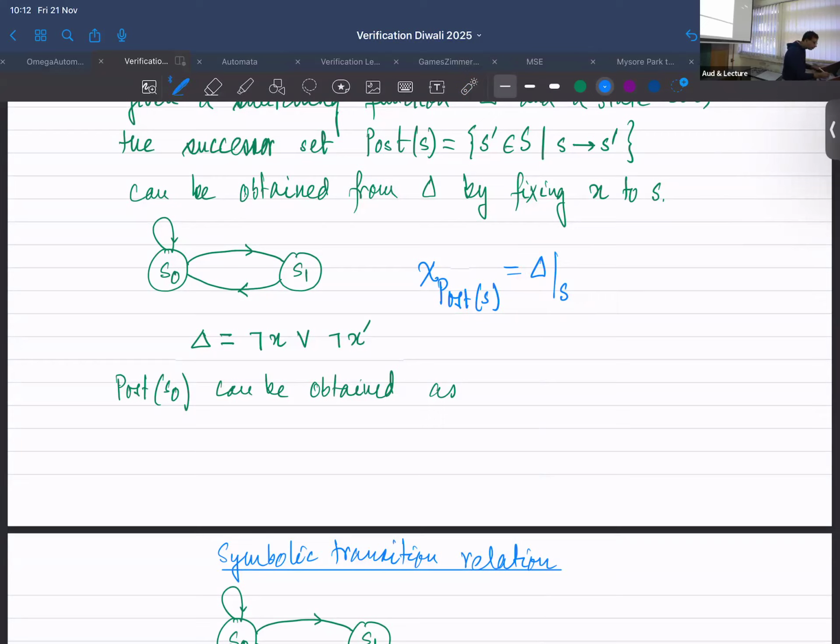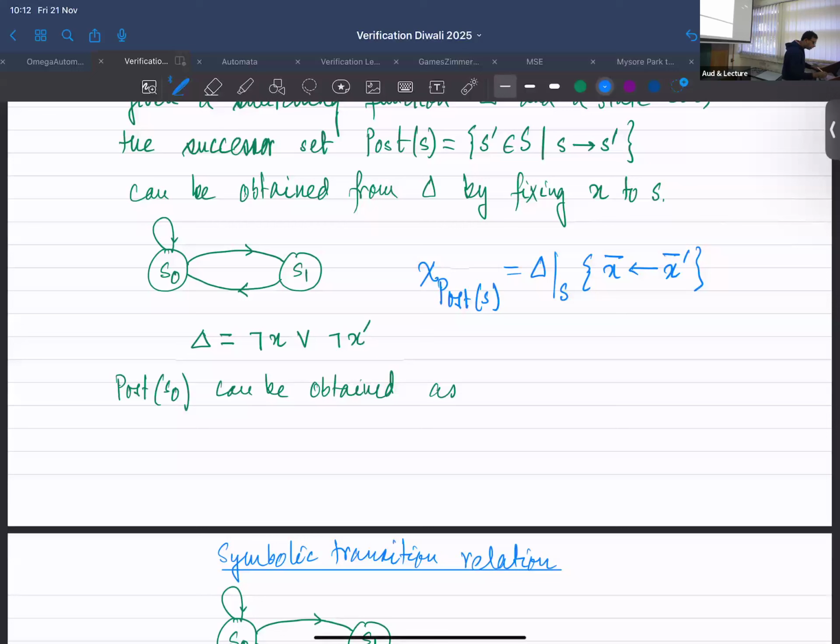But now I will replace the X prime with X to get the final set of states, right? I don't want to use X prime, but I want to use X finally. So I'll replace all the X prime with X.